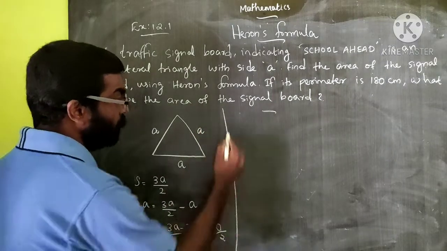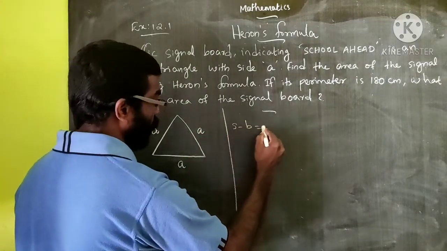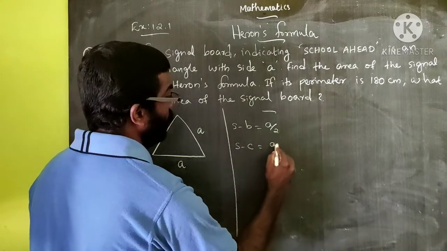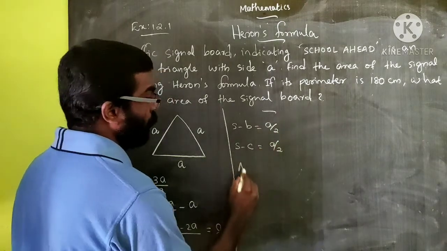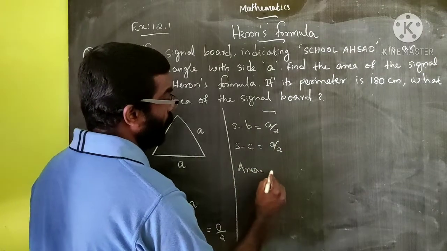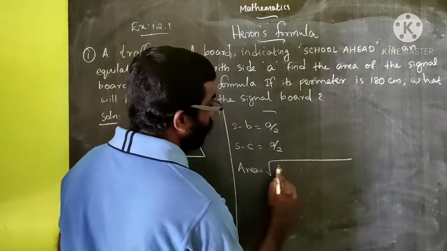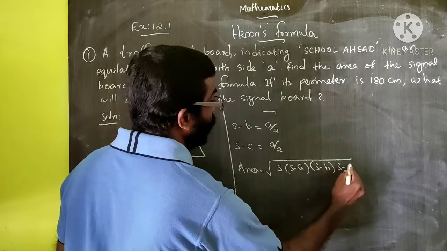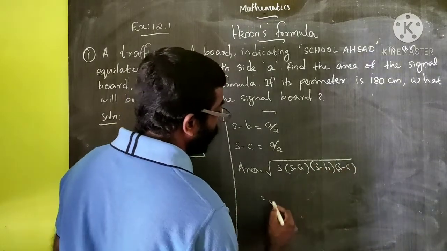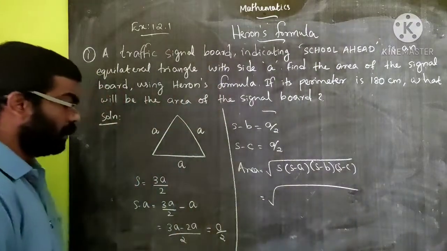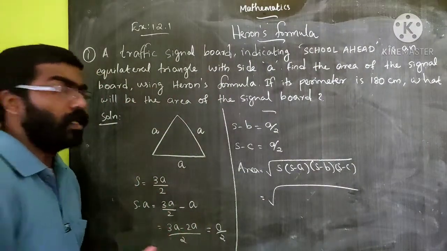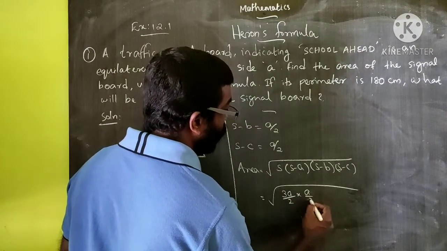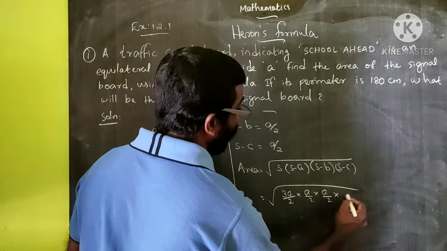So s minus b is also a by 2, and s minus c is also a by 2. Now we can write the formula: area equals square root of s into s minus a into s minus b into s minus c. We can replace the values here. s is 3a divided by 2, so 3a by 2 into a by 2 into a by 2 into a by 2.